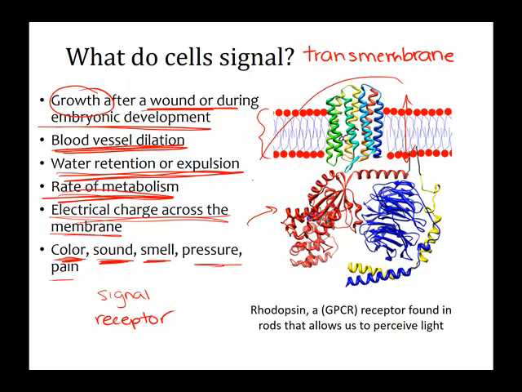And this particular transmembrane receptor is called rhodopsin. We'll learn what these GPCRs are in just a few moments. This is a receptor found in the rods in your eye, and they allow us to perceive light. So this is the receptor part, photons would be the signal part.